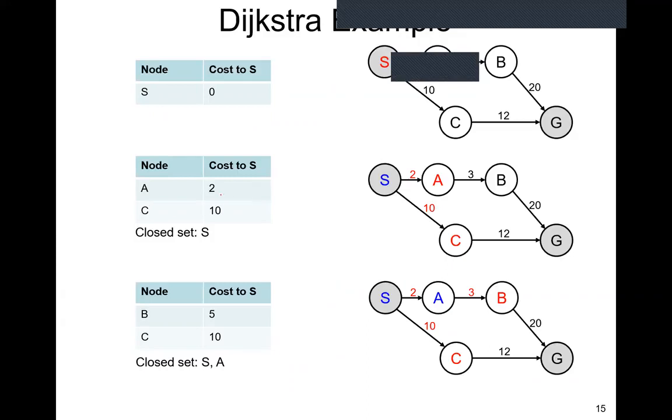So the open set now contains 2 nodes, A with a cost to S as 2 and C with cost to S as 10. And then you continue to expand A because it has a lower cost.